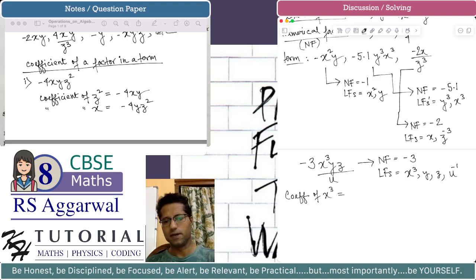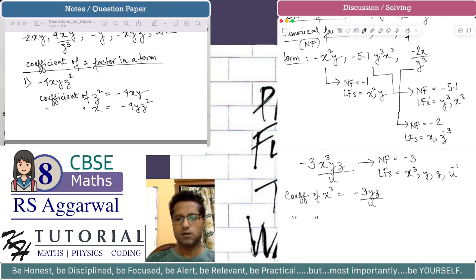In this term, that is minus 3 x cube y z by u, the coefficient of x cube is, you consider every other factor, that is both numerical factor and literal factor, except x cube. Whatever is left, if you ignore the x cube from the term, that is the coefficient of x cube. So it becomes minus 3 y z by u.